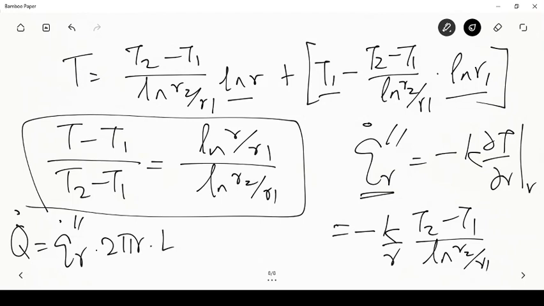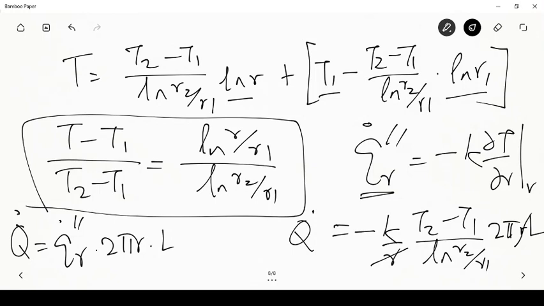Then this r gets cancelled out and this whole thing is a constant. So you get 2 pi Lk multiplied by (T2 minus T1) by log(R2 by R1), and that is a constant. So that is again a steady state thing.